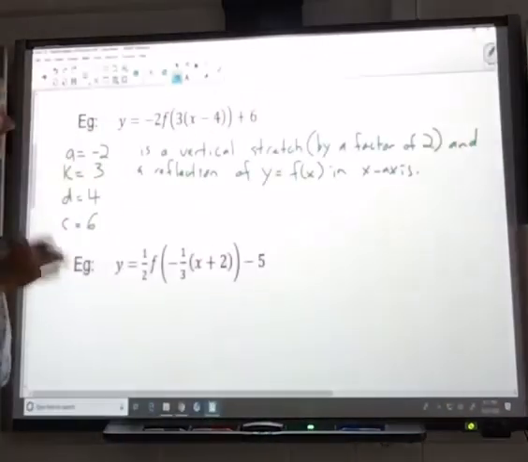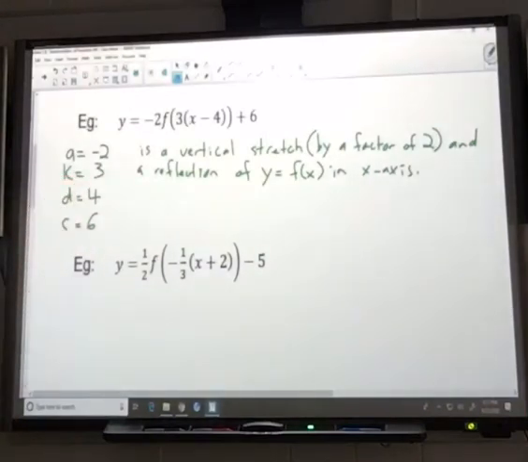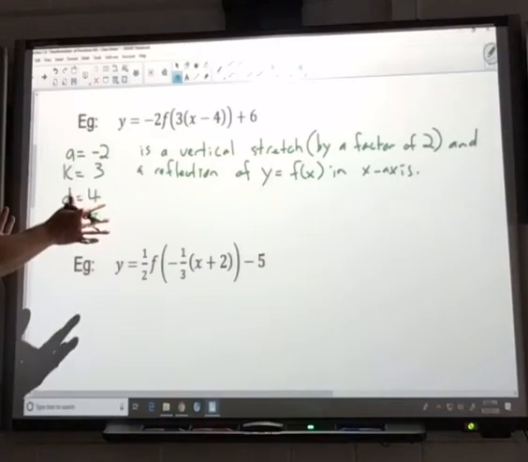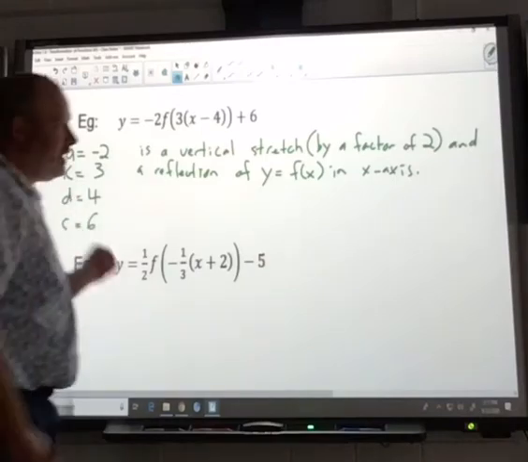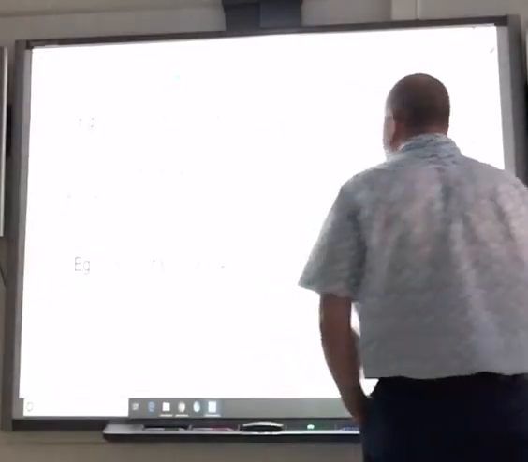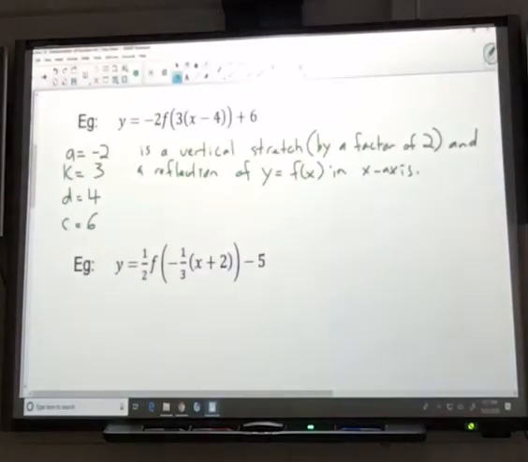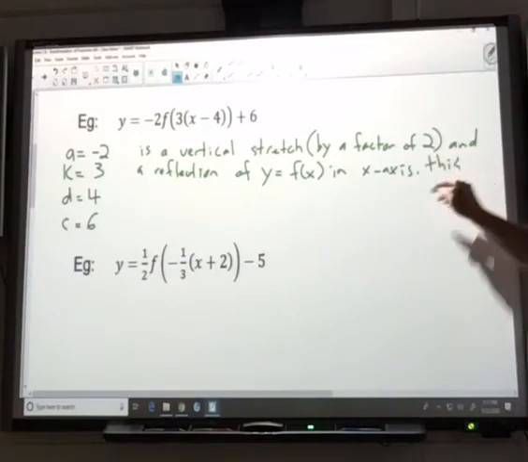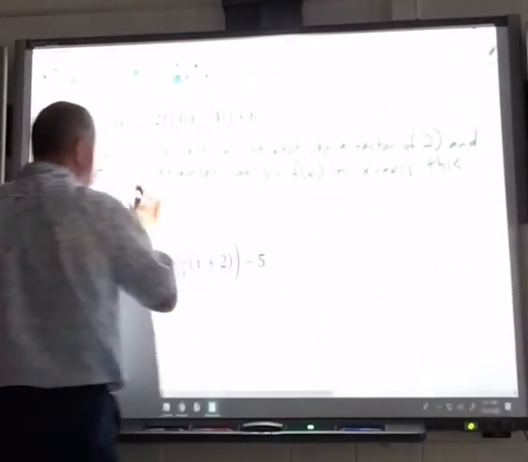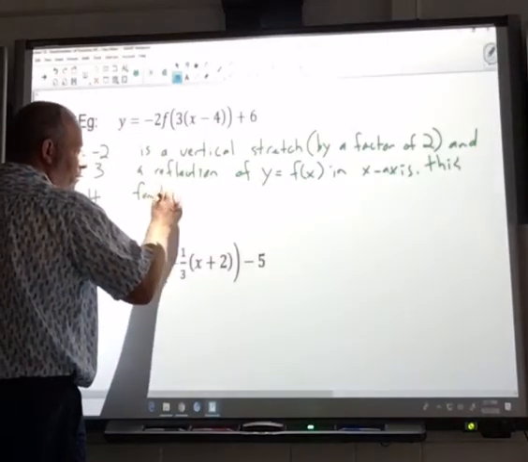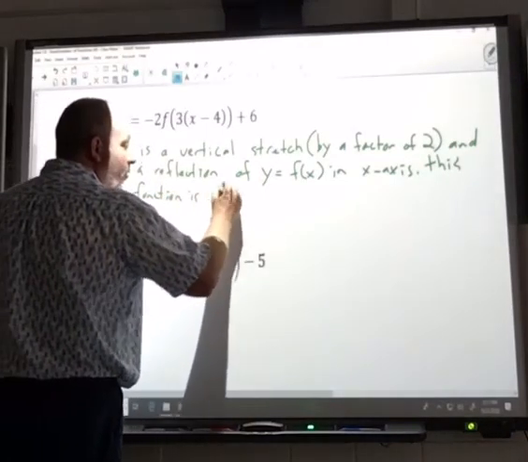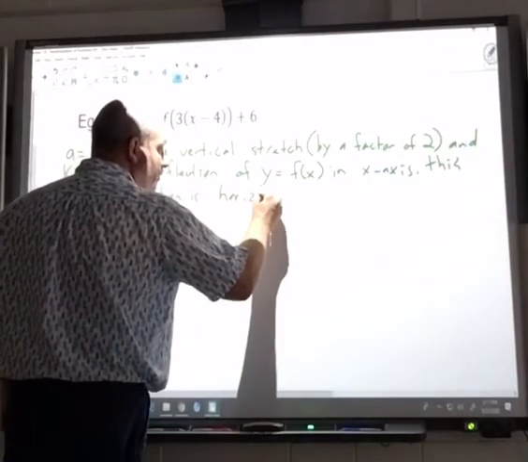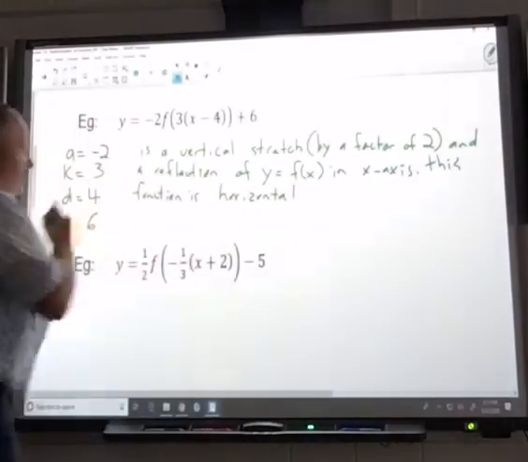In addition, we have the K value. The K value is a 3. Now, a lot of people when they see the 3, think it's going to be a stretch. So this function is a horizontal... now, is it a stretch or compression?